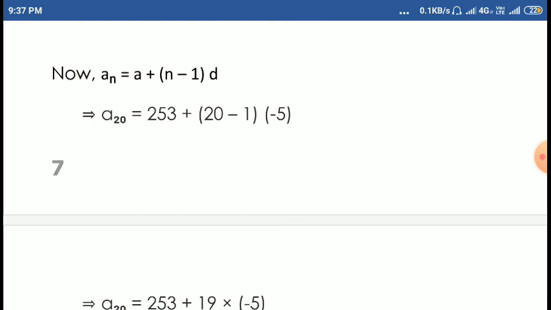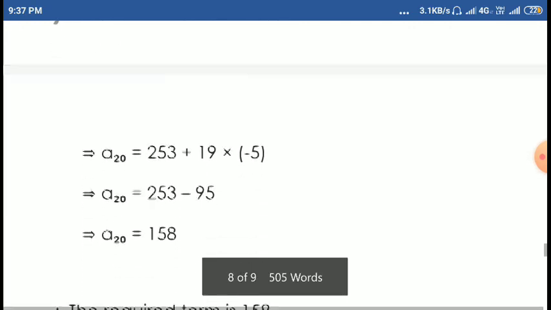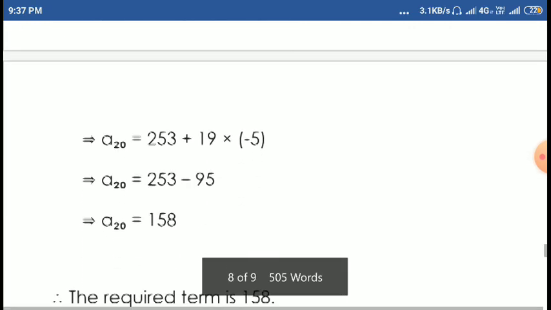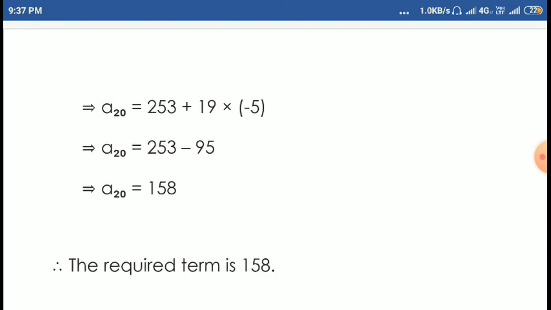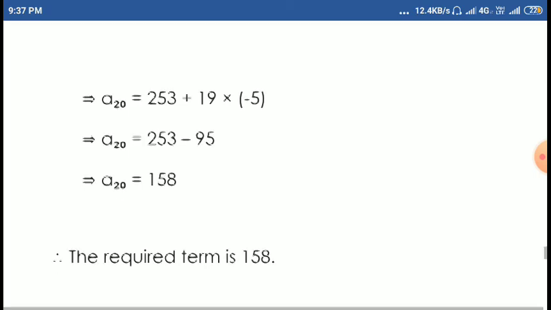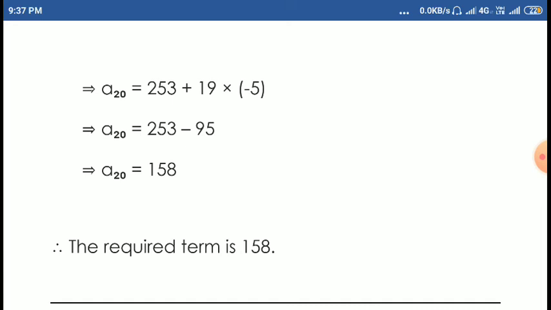We get a20 is equal to 253 plus 20 minus 1 into minus 5. After simplifying the right hand side, we get 253 plus 19 into minus 5. So 19 into minus 5 is minus 95. So 253 minus 95 is 158. In this way, we find that a20 is 158. Therefore, the required term of the AP is 158. So from the last, the 20th term is 158.